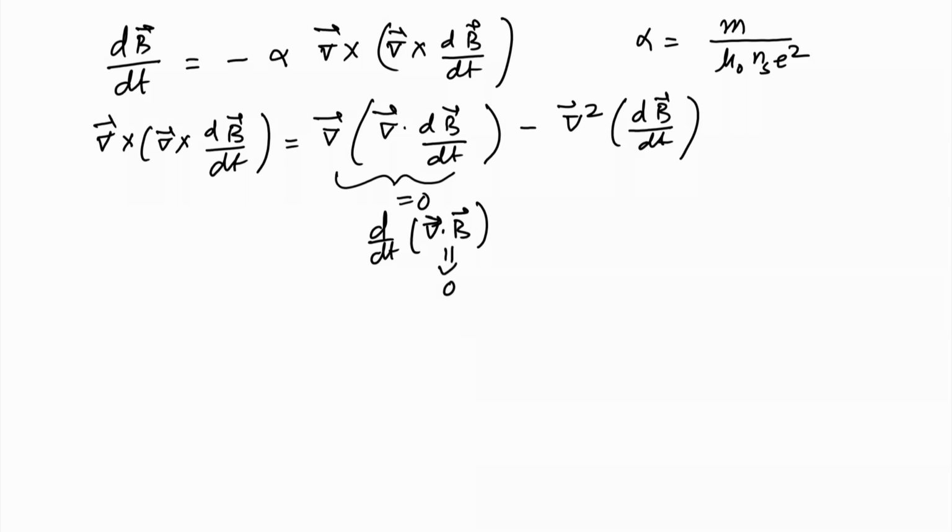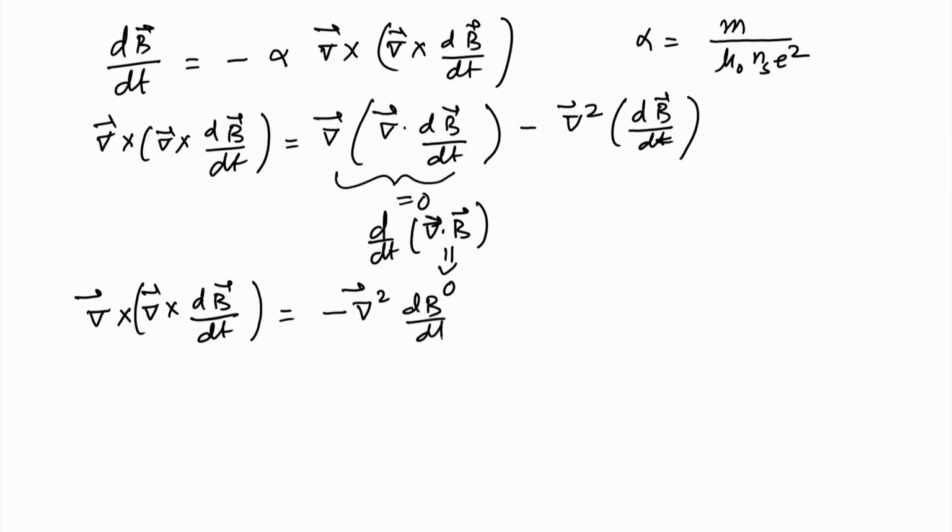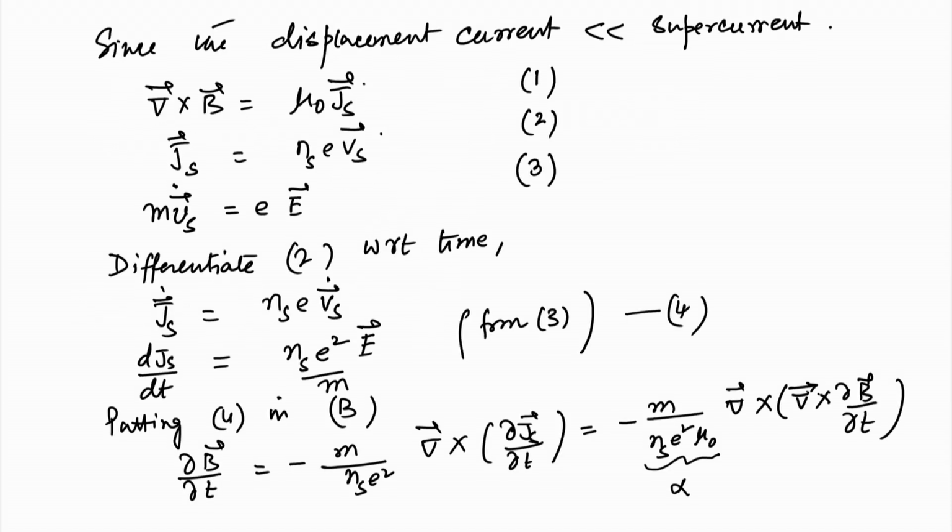So, this term becomes 0, and hence my curl curl of dB/dt is equal to minus del square times dB/dt.